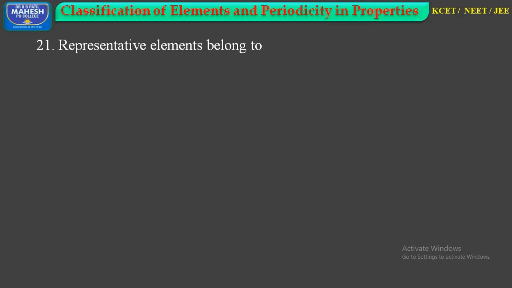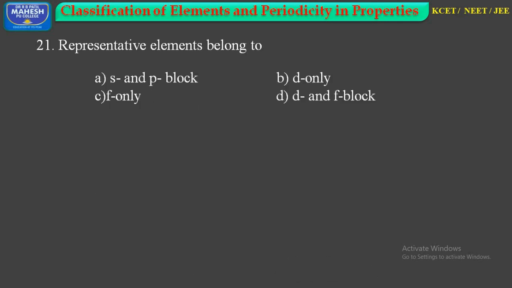Question 21. Representative elements belong to: option A, s and p block elements; option B, d block elements only; option C, f block elements, that is lanthanide and actinide series; option D, both d and f block elements.